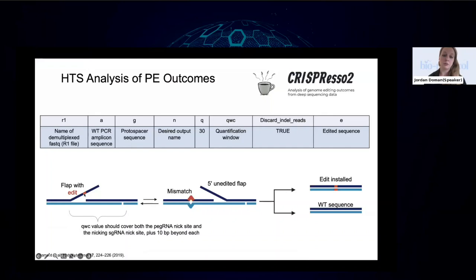And then the other, if you're using PE3 or PE5, will be around here. So there are two places where you can see indels cropping up, and it's really important to include this entire range in your indel window. So you can define the QWC value as 10 bases before your first nick, covering the whole region until 10 base pairs after your second nick. That allows you to accurately and completely quantify your indels.